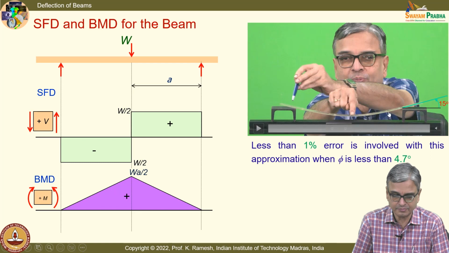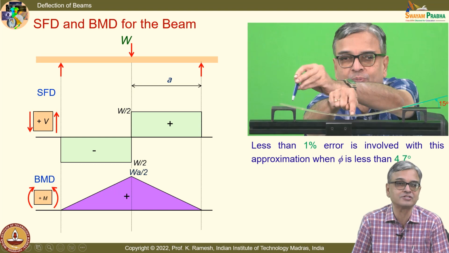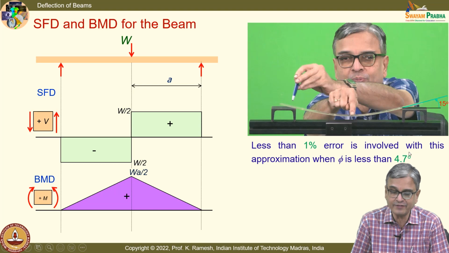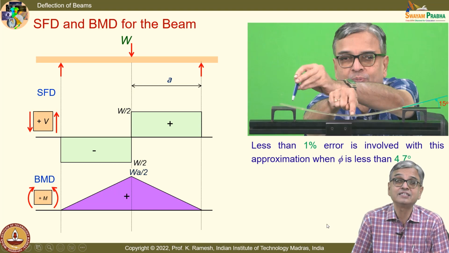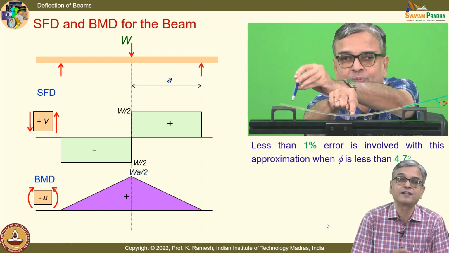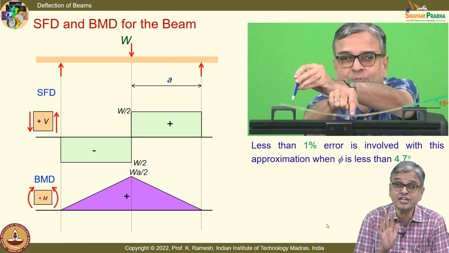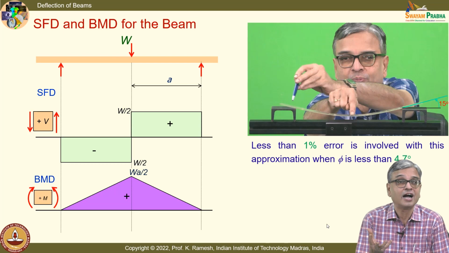And I have shown this and I have also measured this angle, and this was turning out to be 15 degrees. I said that these equations are applicable only within 5 degrees as a slope. This is just to re-emphasize, when I perform the experiment, the deformations are extremely large intentionally, for you to visualize how to look at bending as a whole.